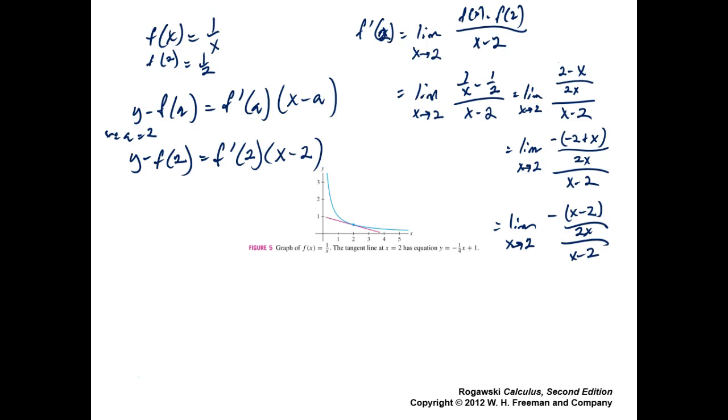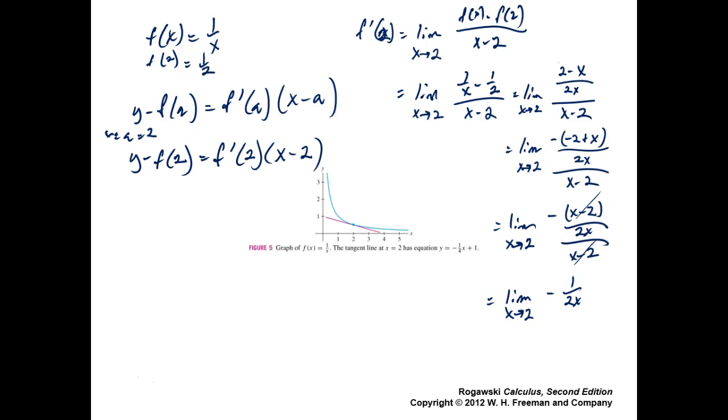Now what can you do? Divide them out, right? You got to get that minus sign out of there. Okay? So this would be the limit as x approaches 2 of minus 1 over 2x.